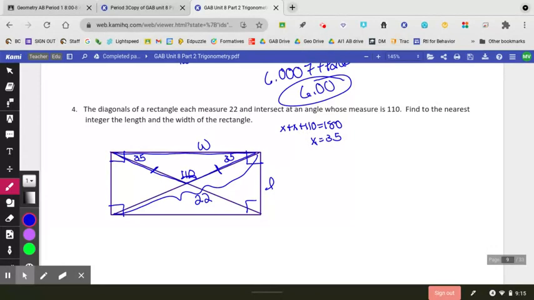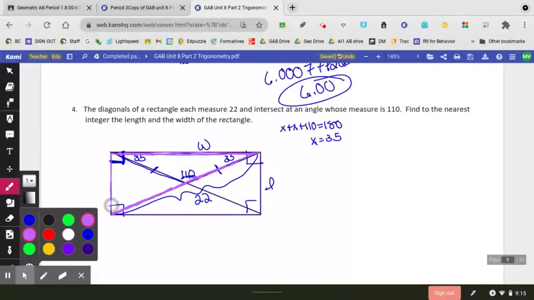And then knowing that the opposite sides are parallel, or I can use the fact that this is a right angle, it really doesn't matter what right triangle I use. I can then use this right triangle, this purple one, to find the length and the width of my rectangle. Because looking at that purple triangle, this angle is 35.